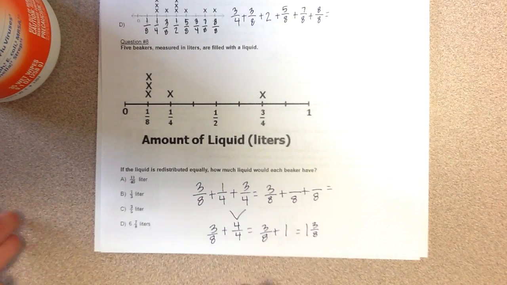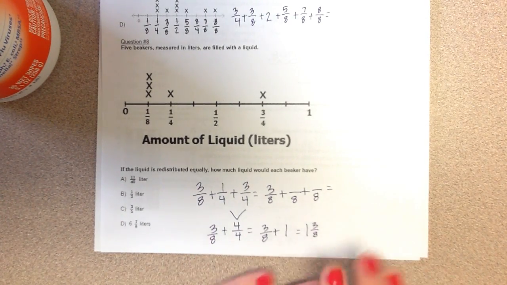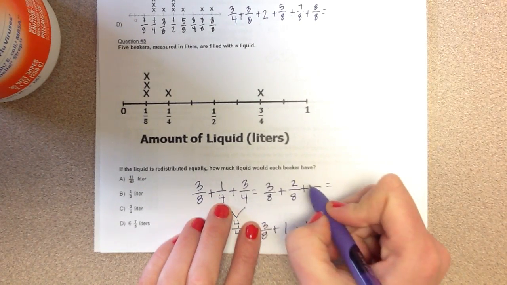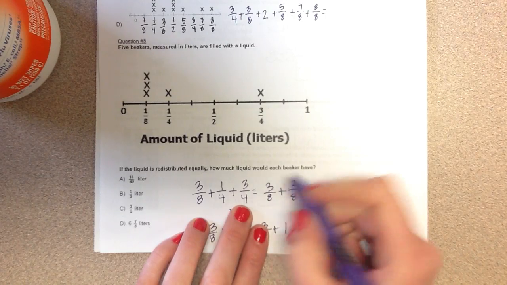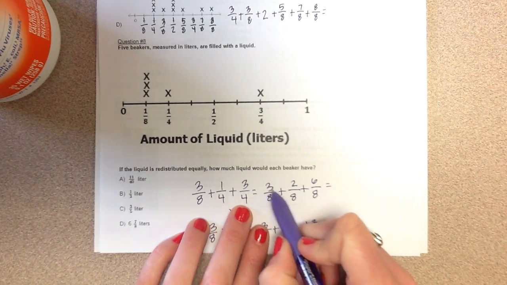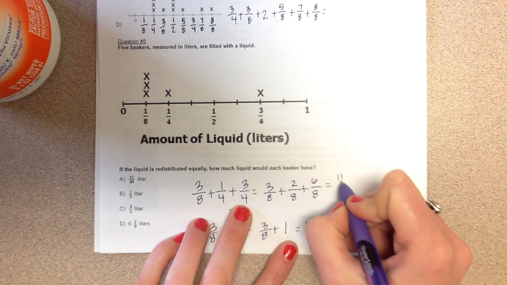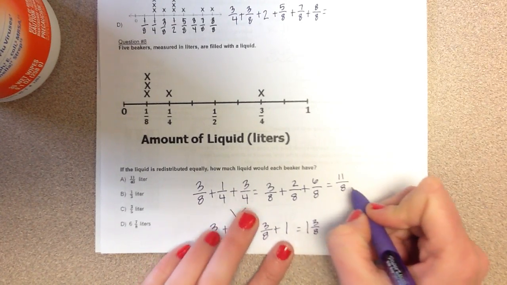Okay, now I'm sure you're saying that's not an answer choice on here. Okay, if you understand that, good. Stay right there. How did 4 get to 8? Times 2. So that's going to become 2. How did 4 get to 8? Times 2. So that's going to become 6. 3 plus 2 equals 5 plus 6 equals 11 eighths.